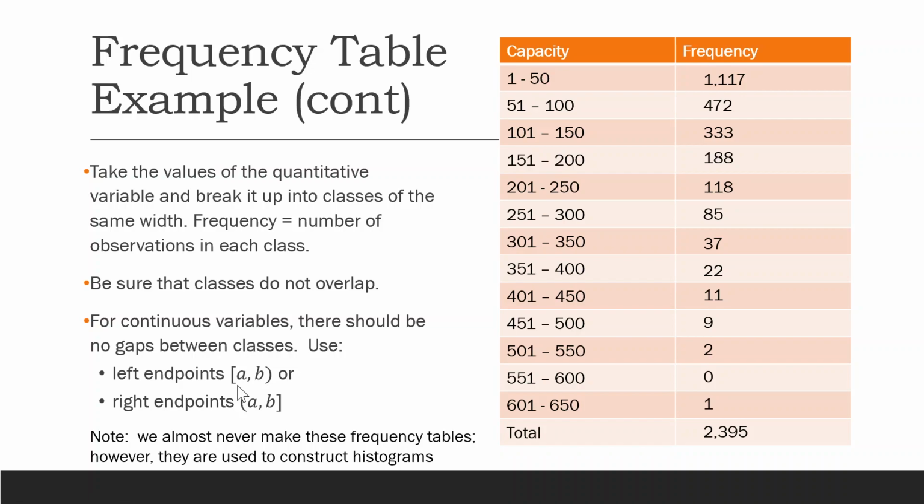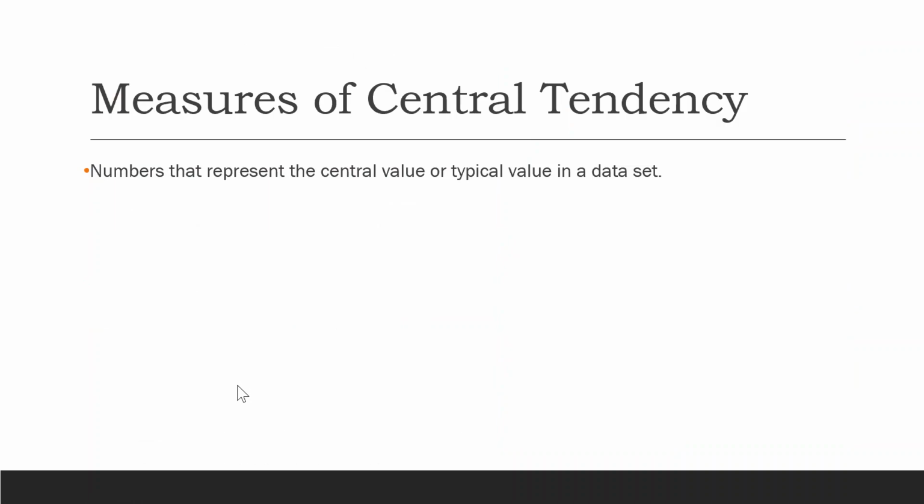You have to think about that a little bit more when you have continuous variables. We almost never make these frequency tables by hand, but they are used to construct histograms, and I wanted to show you an example of that. So that's a table, and of course, these frequency tables can be used with any type of variable.